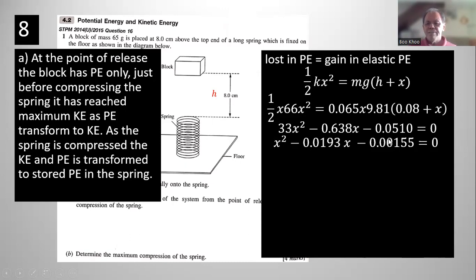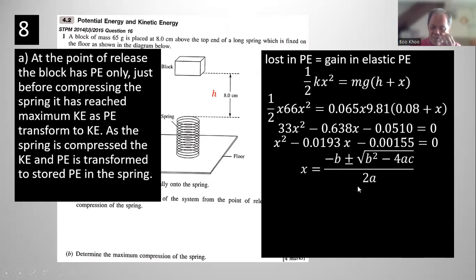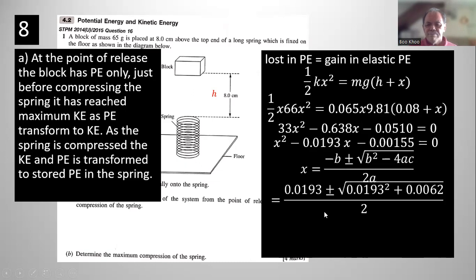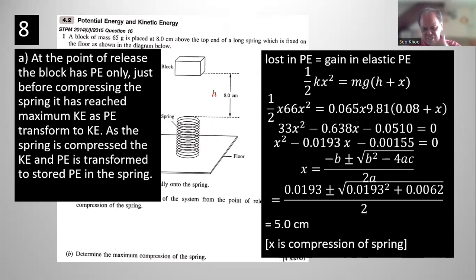Divide by 33, get that equation. Then use your formula, calculate your x. That's your b. That's your c. a is 1. Put in your value. Get 5 cm. Right? So x is the compression of the spring.